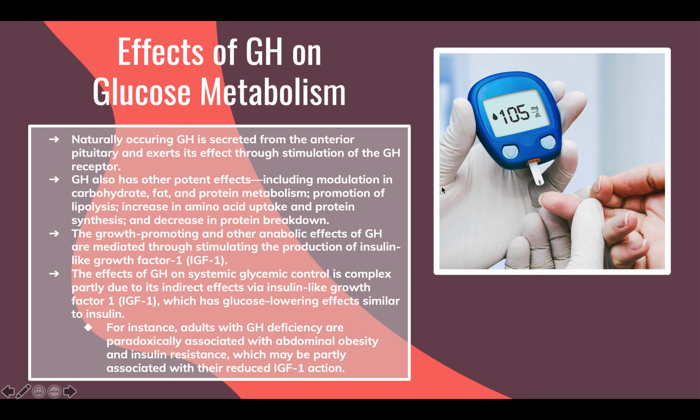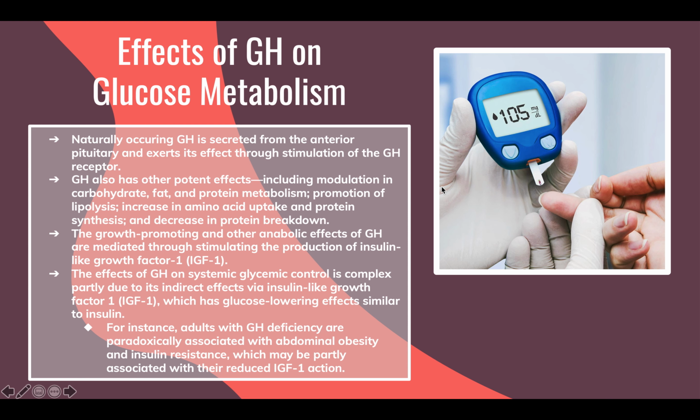Growth hormone also has other potent effects, including modulation in carbohydrate, fat, and protein metabolism, promotion of lipolysis, increase in amino acid uptake and protein synthesis, and decrease in protein breakdown.